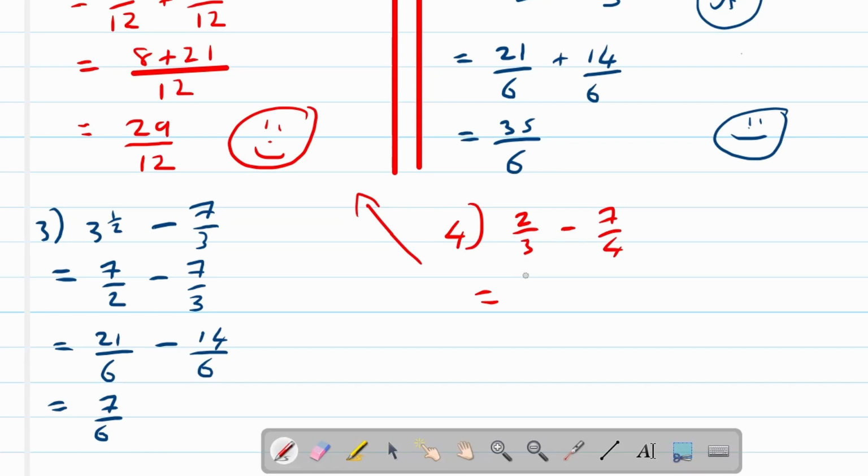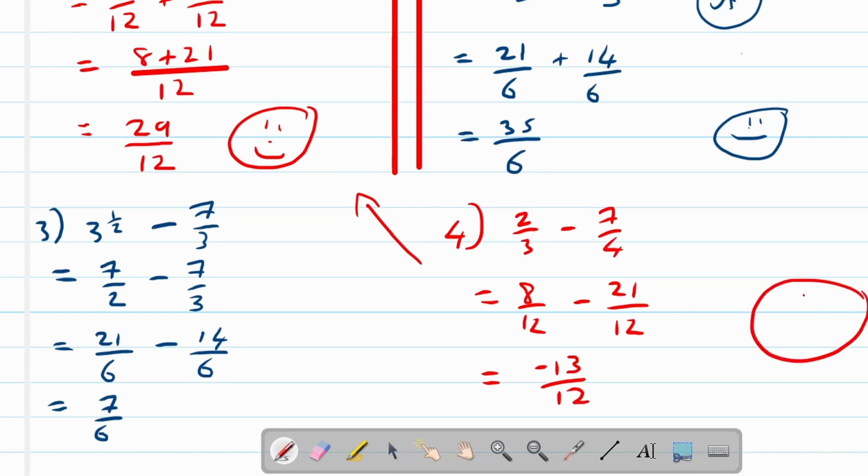So for the first term, this will become 8 over 12. And for the second term, this will become 21 over 12. So now we're just subtracting. So 8 minus 21 is equal to negative 13. Our denominator is still 12. And this is how you add and subtract fractions.